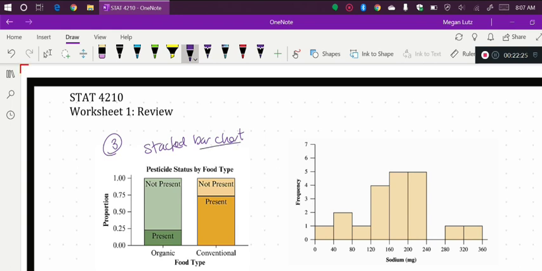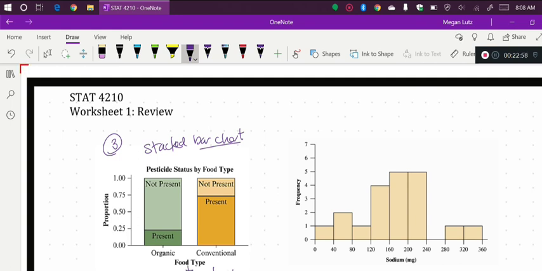Just as before, if we have a stacked bar chart, that tells us we have a categorical response variable. We also have a categorical explanatory variable. So in this case, our explanatory variable is food type. And our food type, being represented as organic or conventional, must also be categorical.